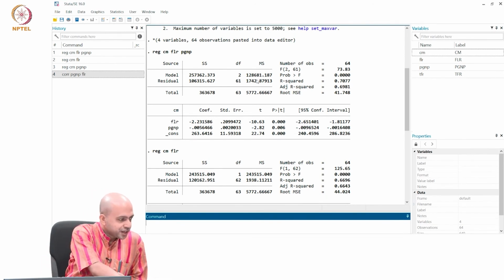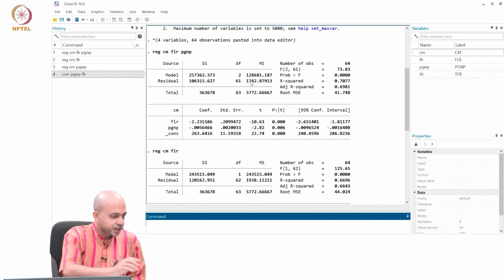If we take the ratio of these two, that means MS for the first and MS for the second, then we will arrive at the F value, and this value would be 73.63. That is nothing but 1,28,681 divided by 1,742. If we take a ratio of this, that will give you our F statistic.